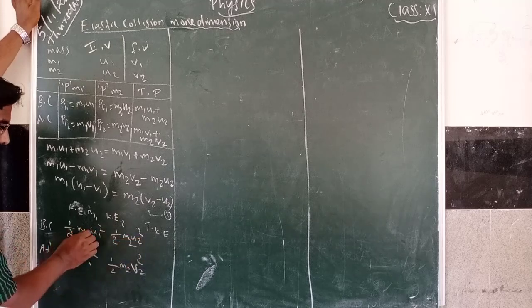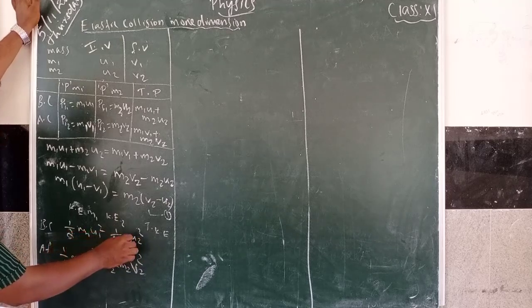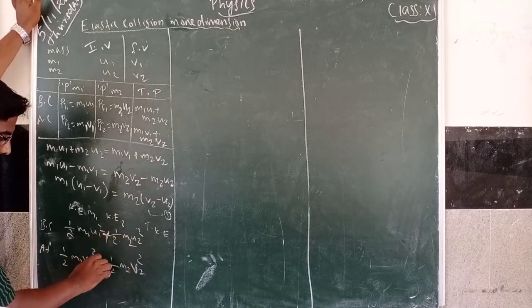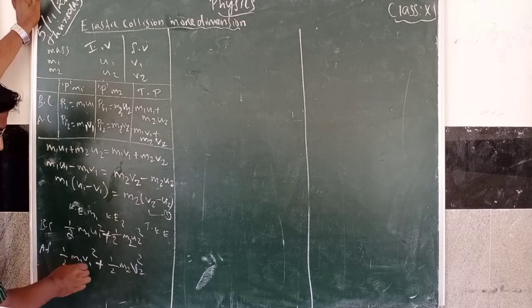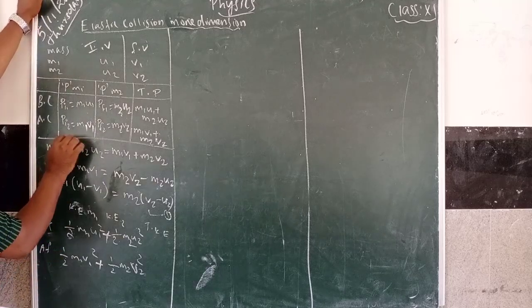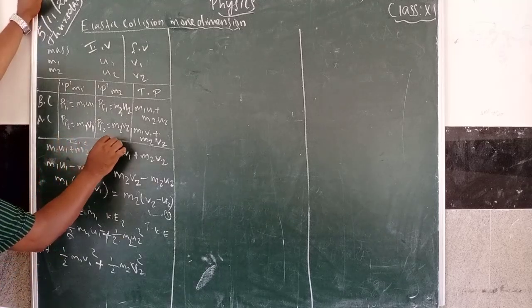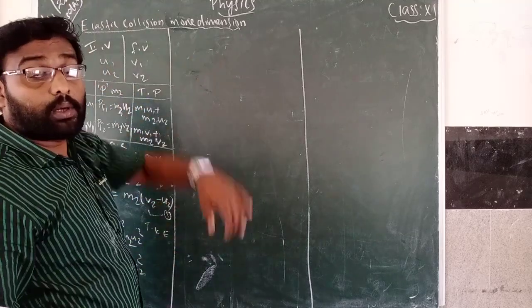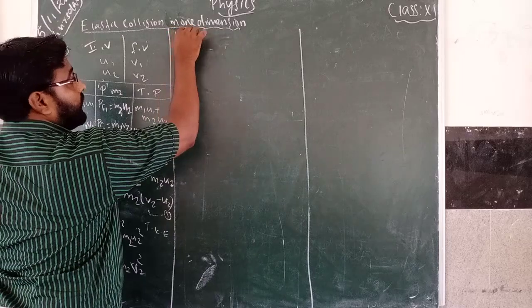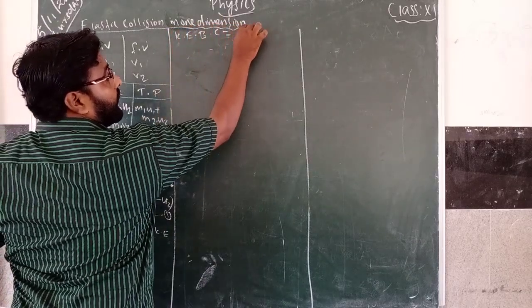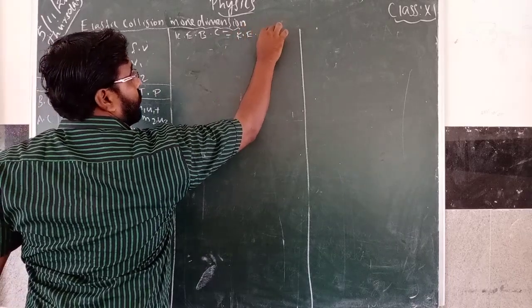The total, you just have to add these two. So before collision, half m1 u1 square plus half m2 u2 square. The same after collision, half m1 v1 square plus half m2 v2 square. Here during elastic collision, kinetic energy before collision is equal to kinetic energy after collision.